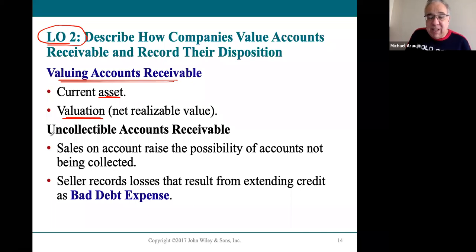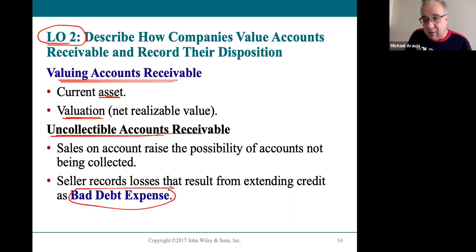So how do businesses deal with the fact that some of these receivables will be uncollected? Well, it's considered a cost of doing business. It's a loss to the seller. And thus there's an account, this is a new account for you, a bad debt expense account. Okay. So bad debt expense is really about this.